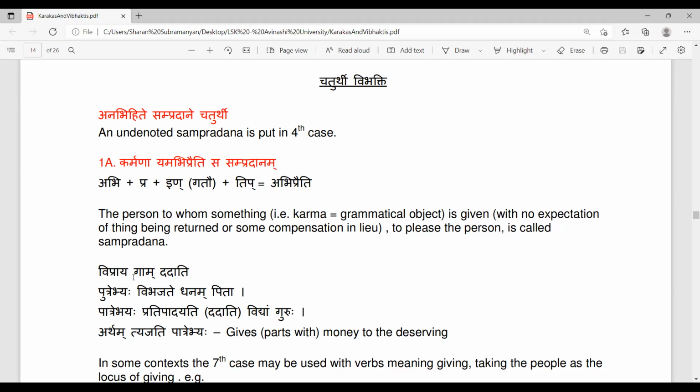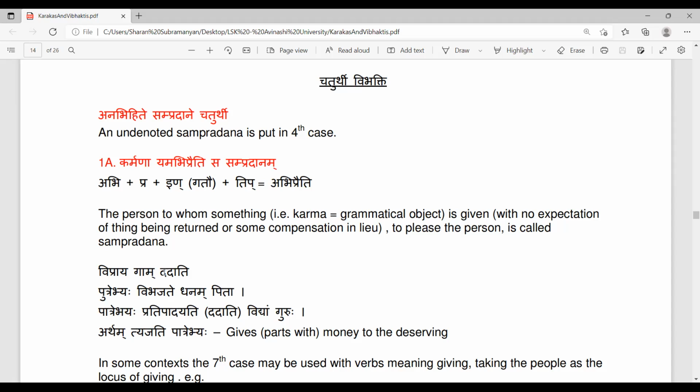After it is given, you don't take it back. That is important. That is why Da means to give, Danam. Once given, it should not be taken back. That is called Danam. If we are giving money for lending, then the person to whom you give the money will not take Sampradana Karaka, because you are giving with expectation.